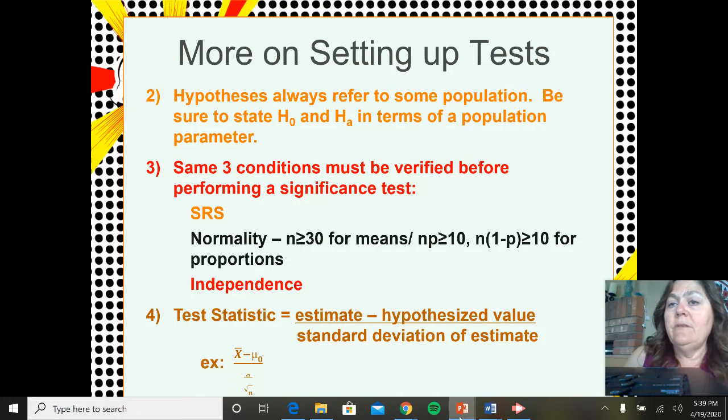So there is that little formula. We have already jotted that down in the warm-up, but here you're seeing it again. Notice the notation here. The hypothesized value is the mean of the null hypothesis, so we call it mu sub 0, the mean of the null. We would also do sigma of the null, but I didn't have enough room to stick it in there without it getting too tiny.